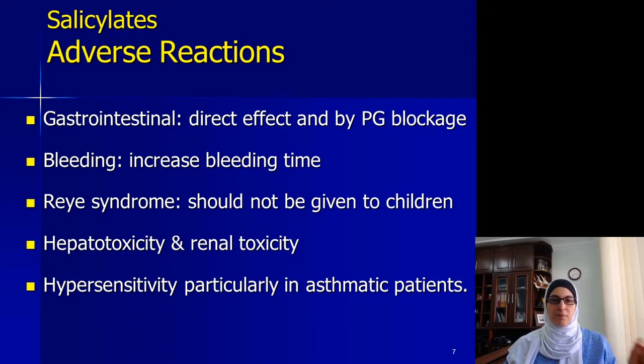We tend to use paracetamol, which is a different group, a non-NSAID medication. So it is always advised to avoid NSAIDs for children below 12 years old. There are also hepatotoxicity and renal toxicity, mainly renal toxicity as it affects COX-1, and hypersensitivity in some patients, particularly asthmatic patients, because it affects the prostaglandins and leukotrienes, and so it should be avoided for patients with asthma.